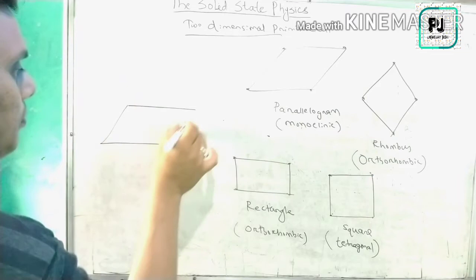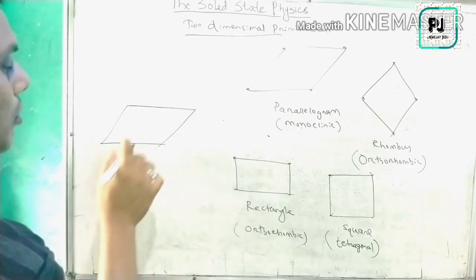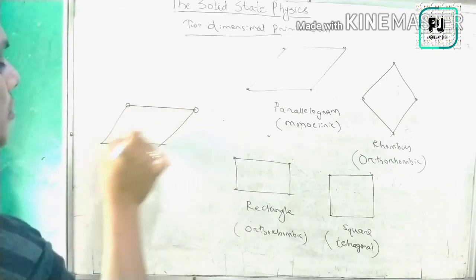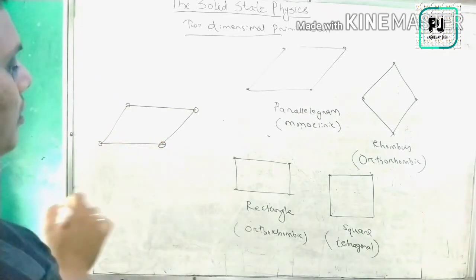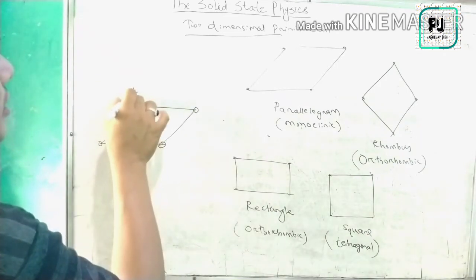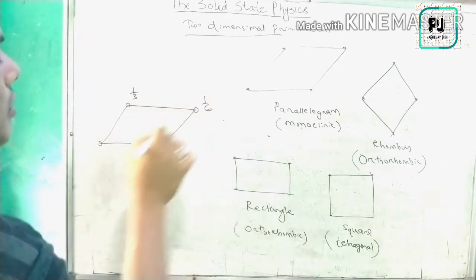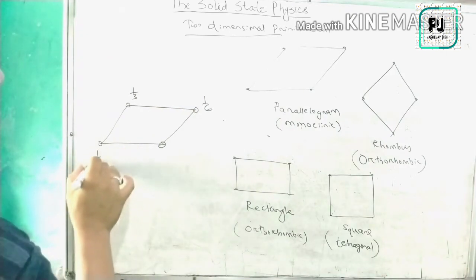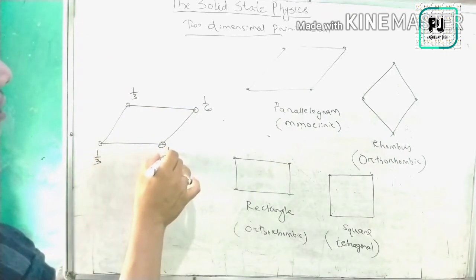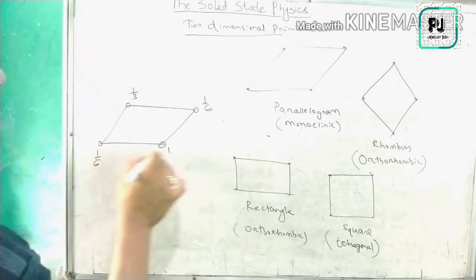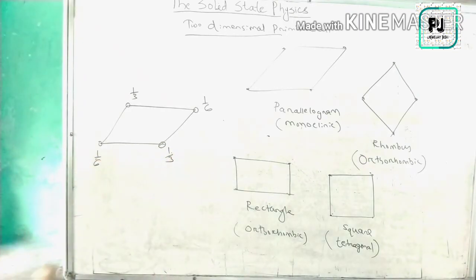What is contribution? Suppose I am taking the monoclinic. This is the lattice point, and lattice point. So what happened? This has the value 1/3. This is the value 1/6. This is the value 1/3. And again this is 1/6 and this is your 1/3.